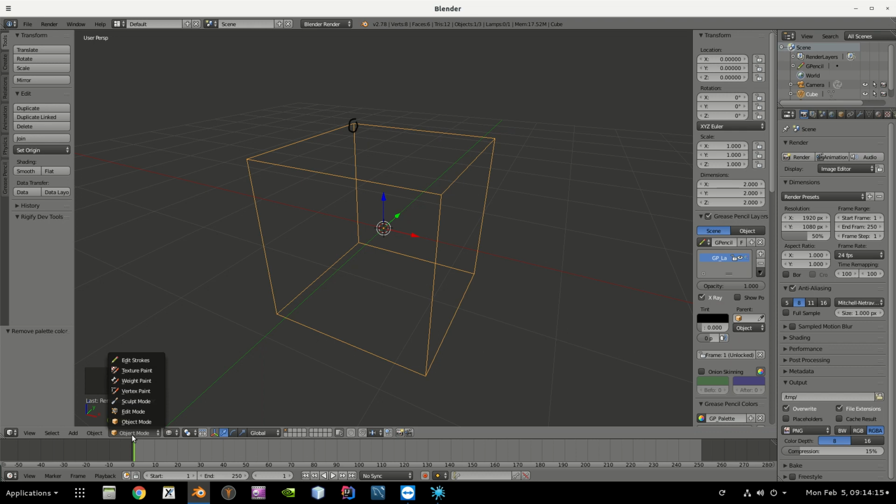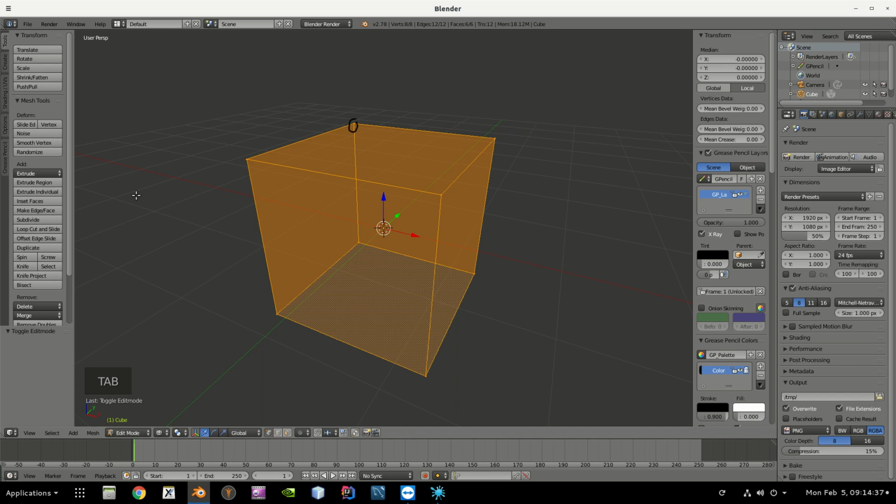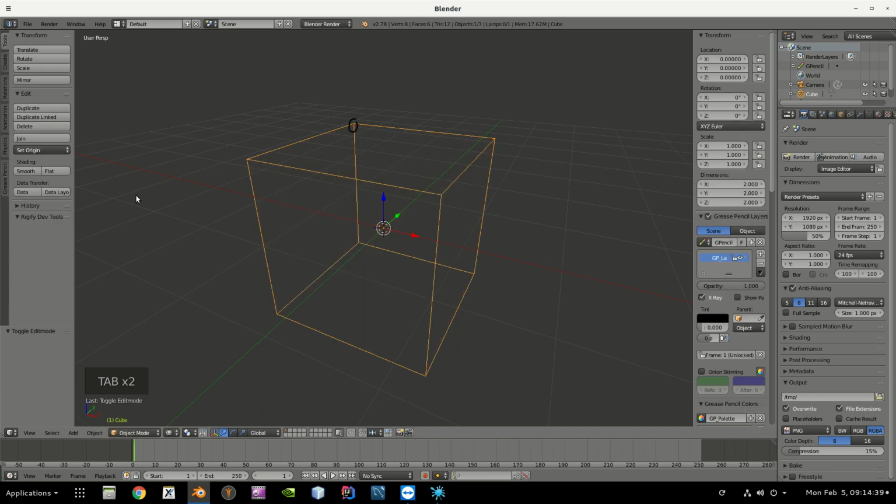I'm not going to talk about these things. We are for sure going to use them, but not right now. Right now, we'd only be working with two modes, the object mode and the edit mode. And we'll be switching through them quite a bit. So you need to know the shortcut for that. Tab to go into the edit mode, and tab again to come out in the object mode.